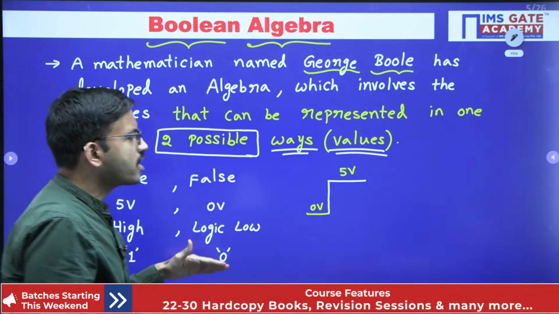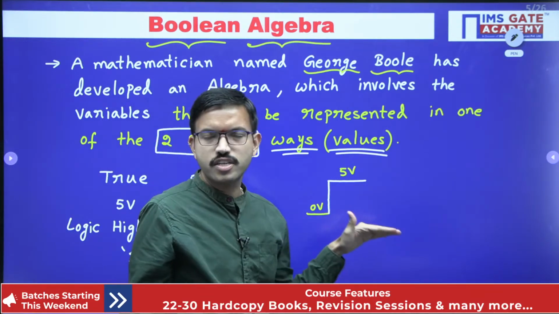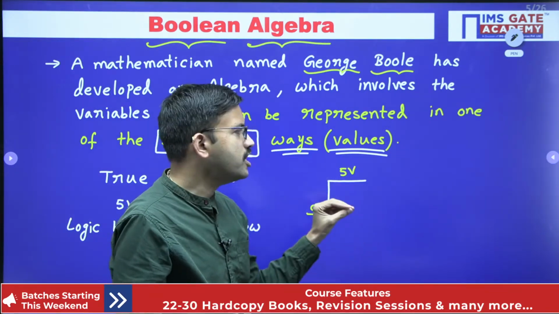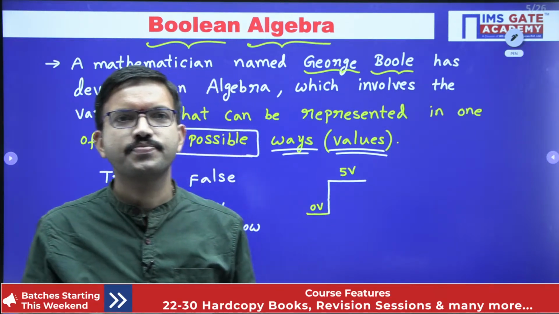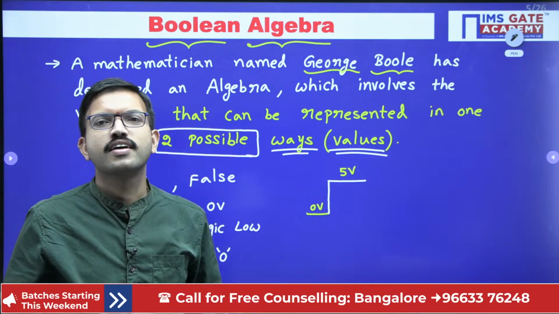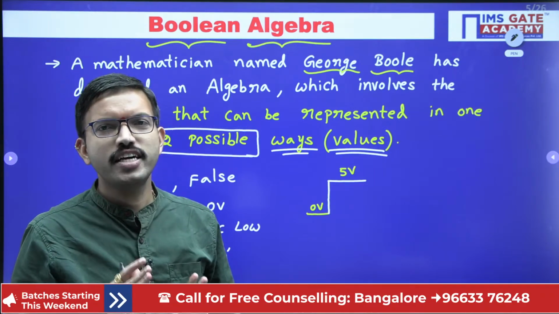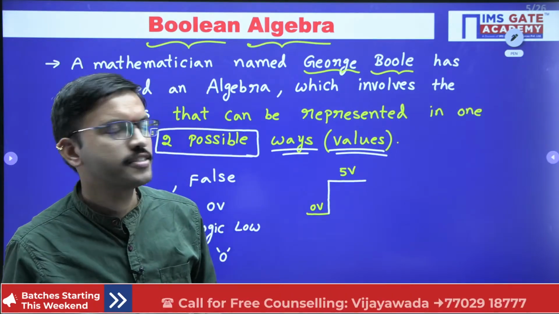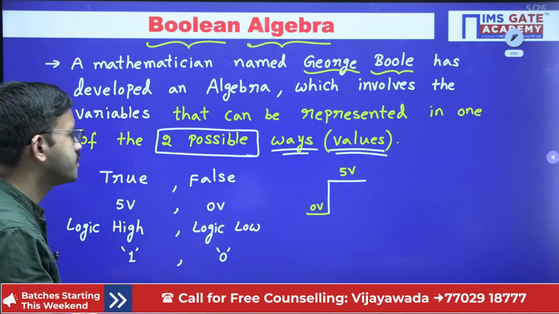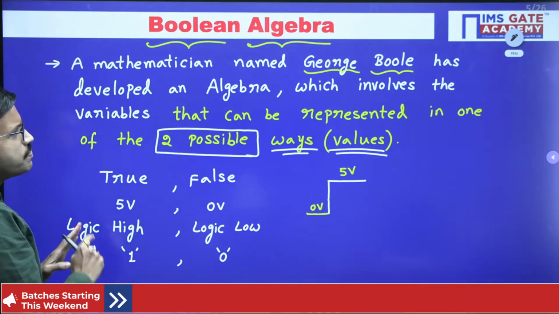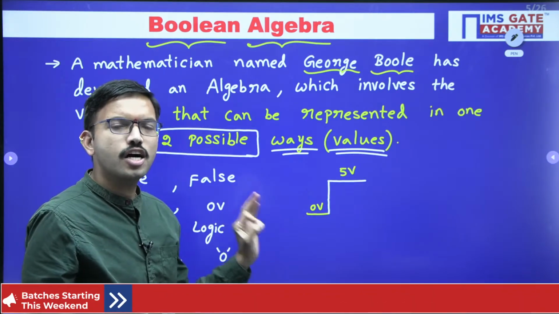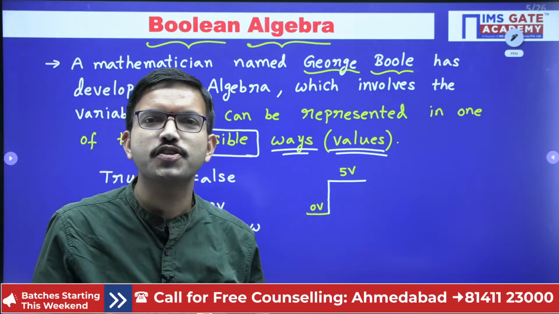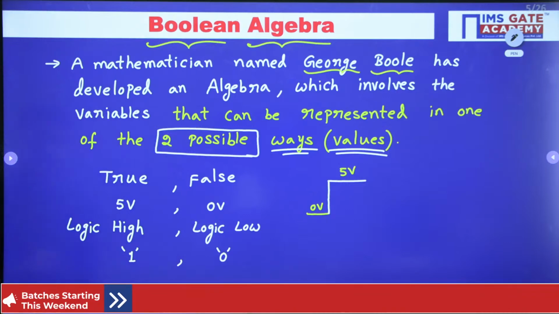In order to implement those Boolean functions, what components do we require? Yes, obviously you require logic gates. Correct. So inside any digital circuit, the main component is logic gates. Yes, very good.